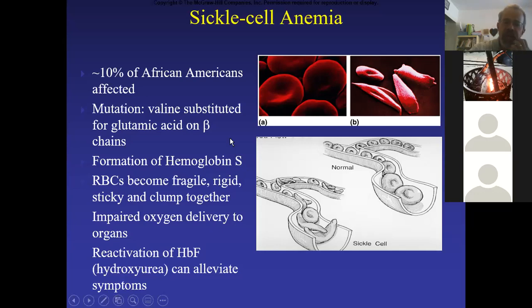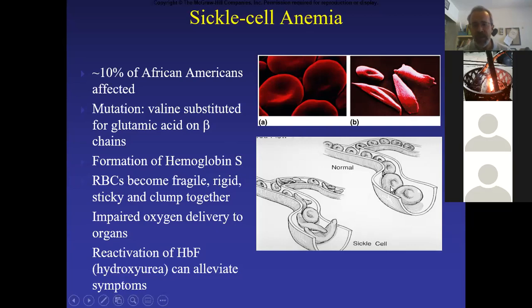Not only is there a change in the hemoglobin, but the shape of the red blood cell changes. It becomes sickle shaped. It becomes very stiff, rigid. And these cells tend to stick together and clump, which creates a problem for normal blood flow.